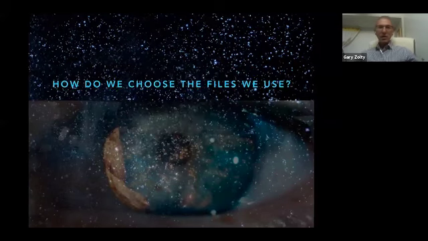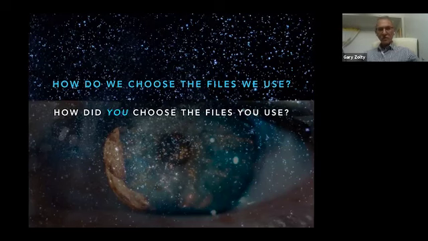Right, so how do we choose the files that we use? Or more specifically, how did you choose the files you use? It should be a matter of choices we made, and hopefully some thought has gone into it.